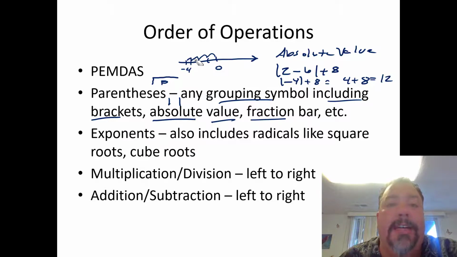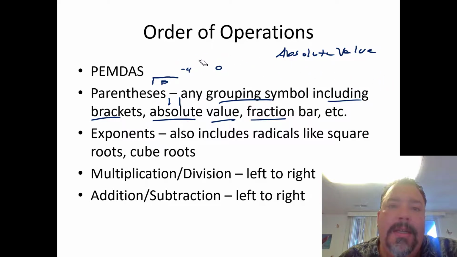Again, absolute value means the distance from 0. It's always going to be non-negative. So if it comes out to a negative number inside of it, we make it positive, and if it's 0 inside, it's just going to be 0. We do that first, and then we can do the things on the outside of it.